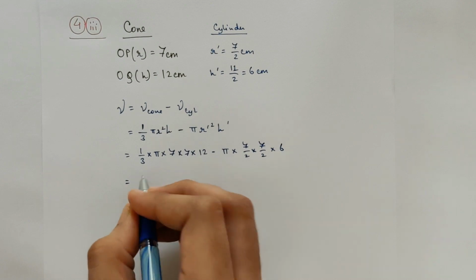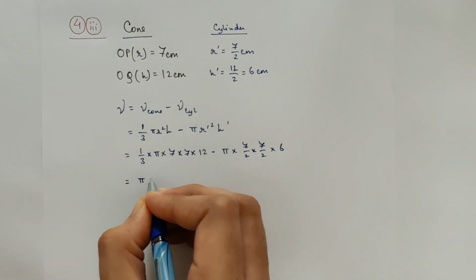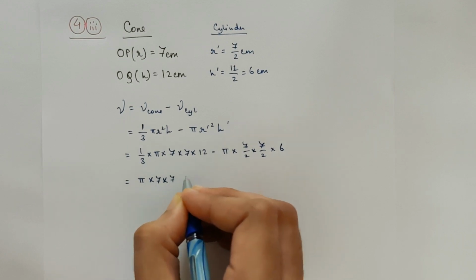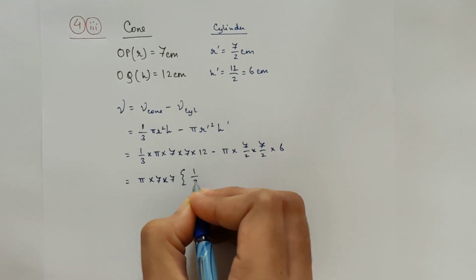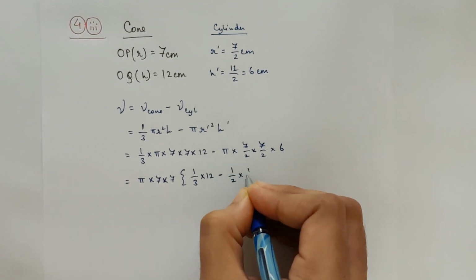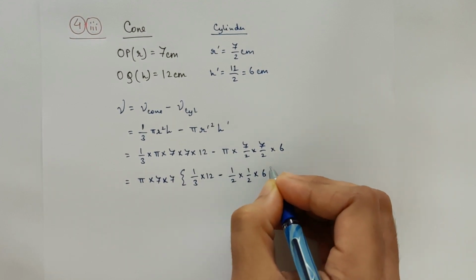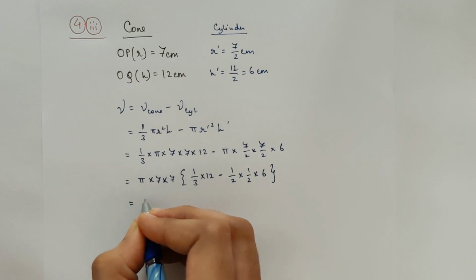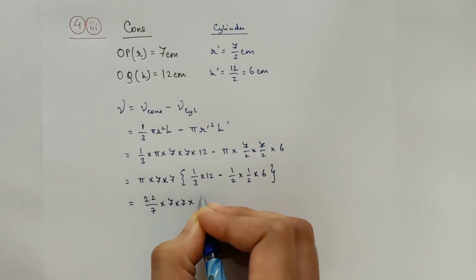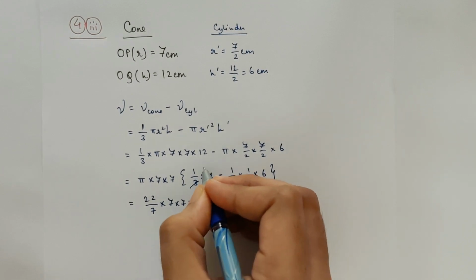Now let's take common. Pi will come out common, into 7 will come out common, and we will get 1/3 into 12 minus 1/2 into 1/2 into 6. So 22/7 into 7 into 7 into 3 4s are 12.